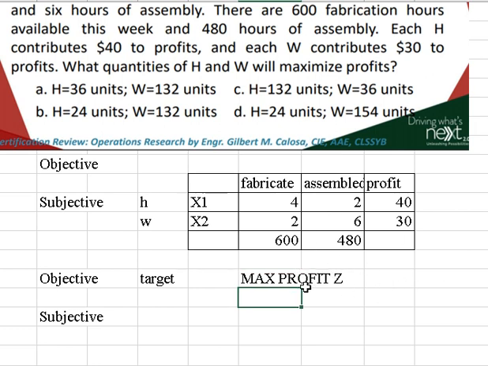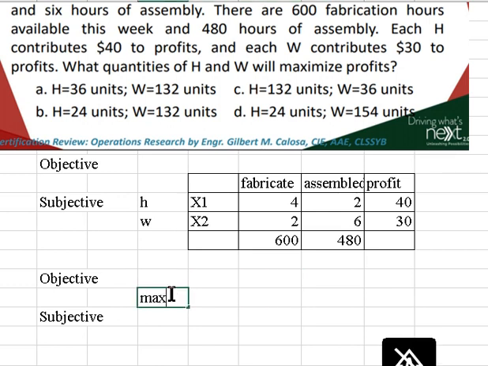For this computation, for us to have an objective function, our objective function equation could be: maximize Z is equivalent to, pwede natin siyang gawing equivalent sa $40 times sa gagawing X1, $40 times X1 plus $30 times X2.